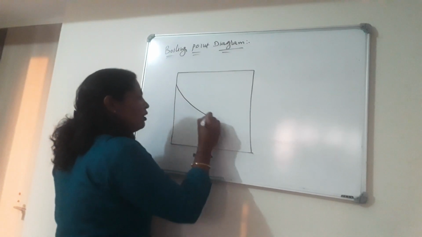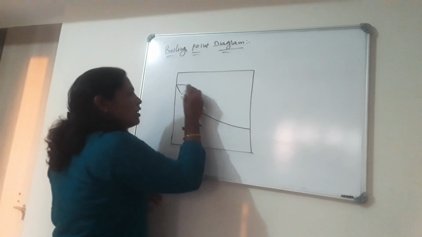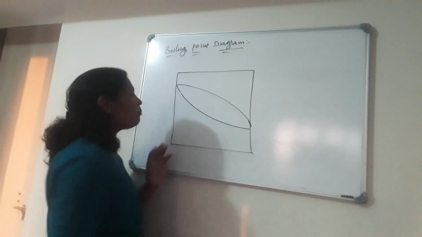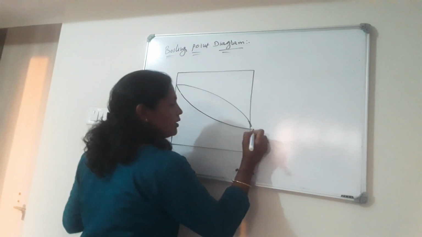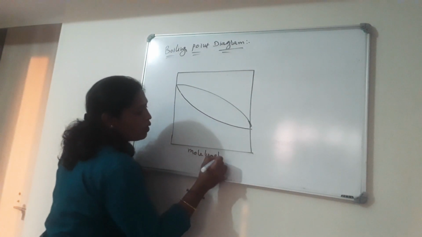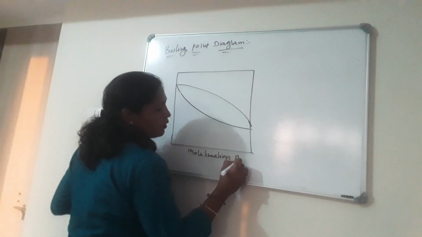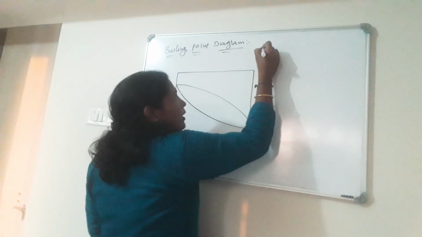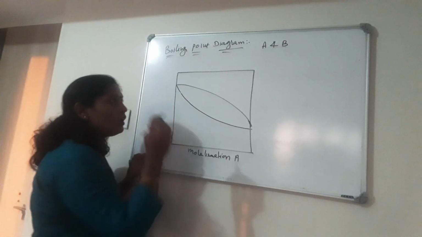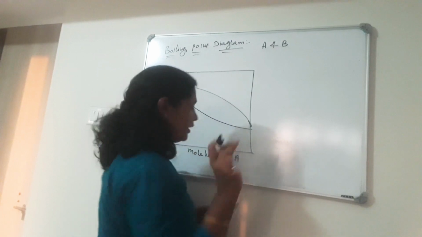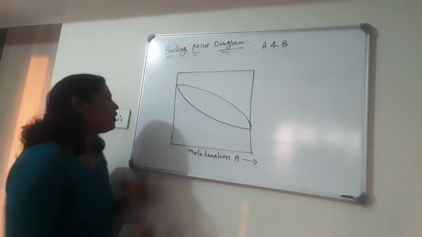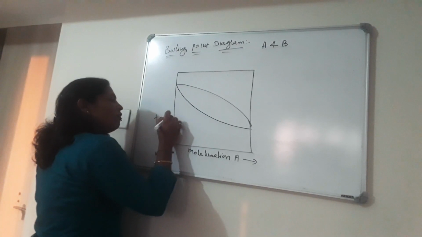For example, this is the boiling point curve of a component. Here on this side you take the mole fraction of the more volatile component. Suppose we have a mixture of A and B. If A is more volatile, the mole fraction of A is taken on the x-axis and temperature on the y-axis.